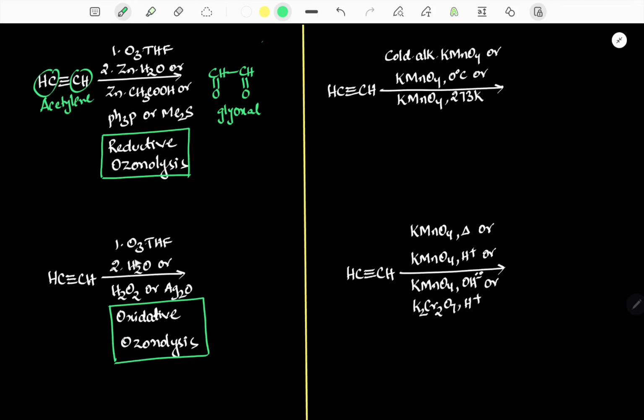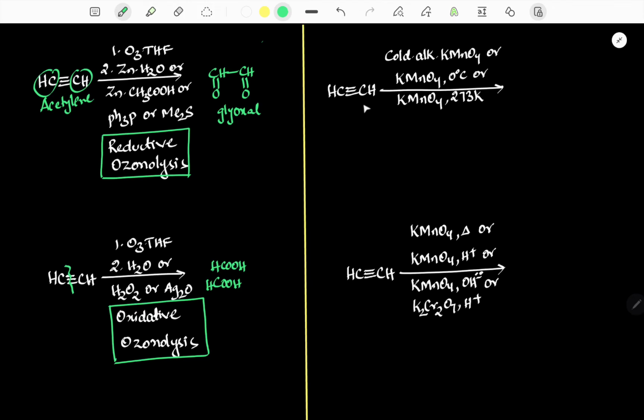When acetylene is treated with ozone followed by H2O, H2O2 or Ag2O, it undergoes oxidative ozonolysis. In oxidative ozonolysis, we have to dissociate the triple bond and both carbons will be converted to formic acid.